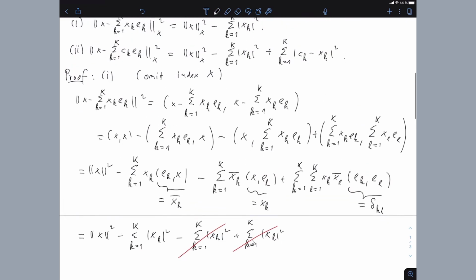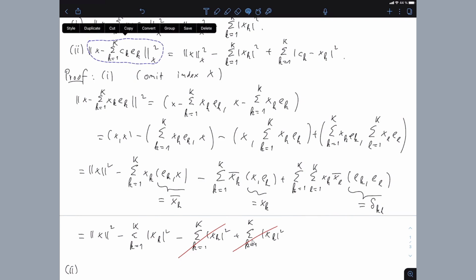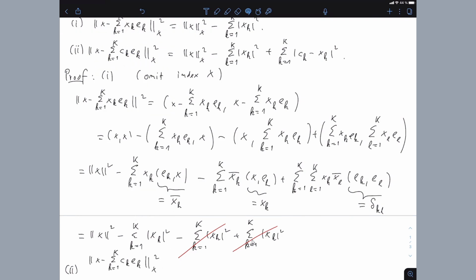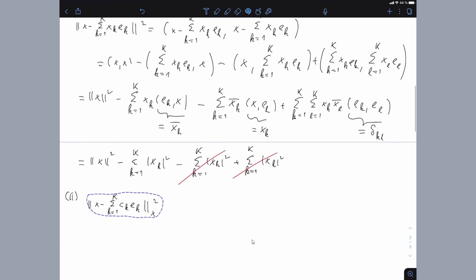Okay, that means we just have to show number 2. Of course, unless there are any questions regarding this part.